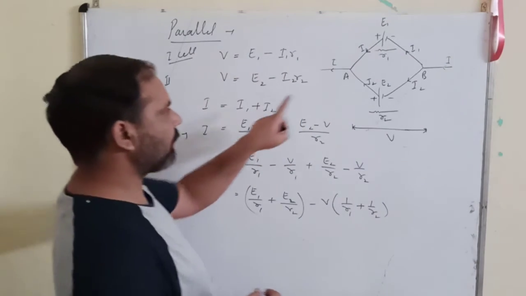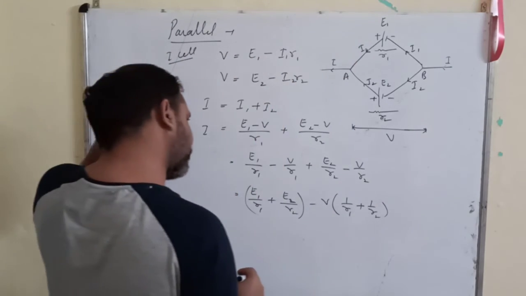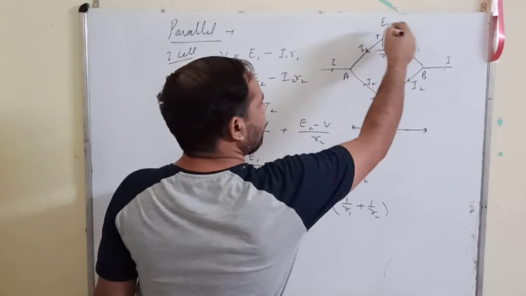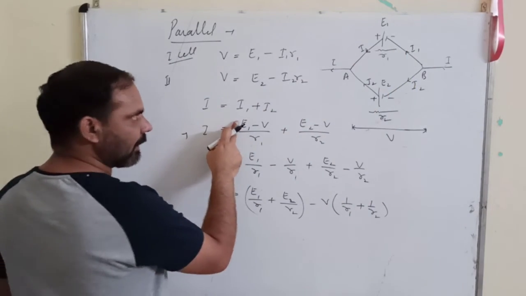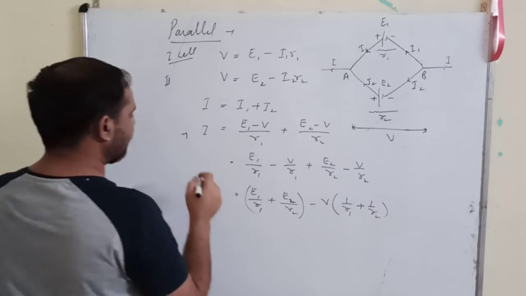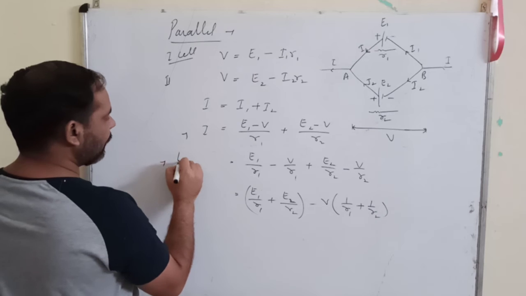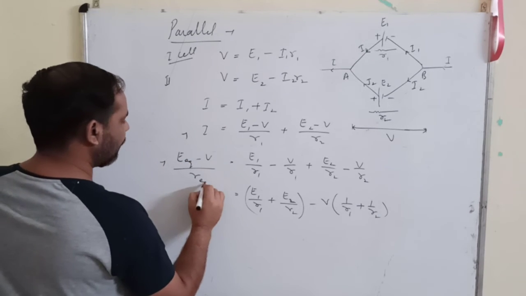Now I for the whole combination will be given by, suppose the total EMF is E equivalent and the total internal resistance is R equivalent, then I is equal to E equivalent minus V upon R equivalent.